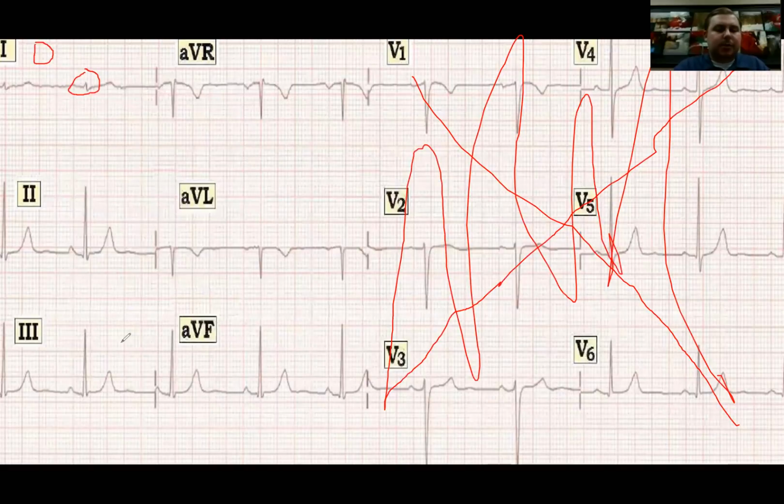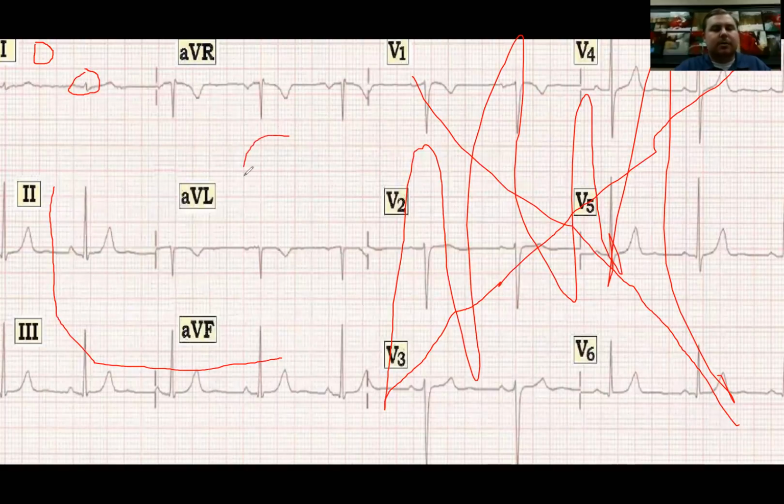Next, we're going to find our most positive QRS, which looks like it would be any 3 of these. All of them have about an equal R wave, and these are all grouped as the inferior leads, so we know that it's going to point down towards the inferior leads.